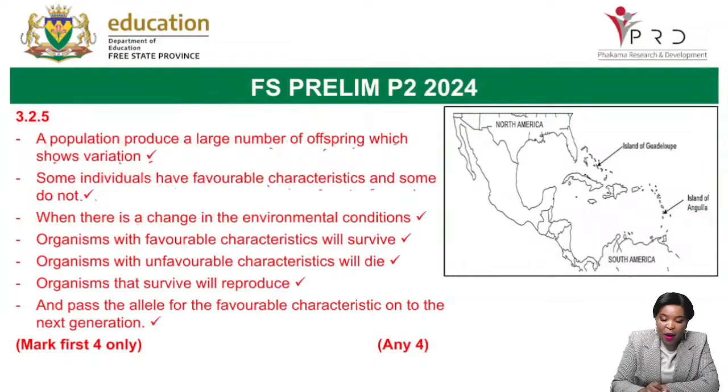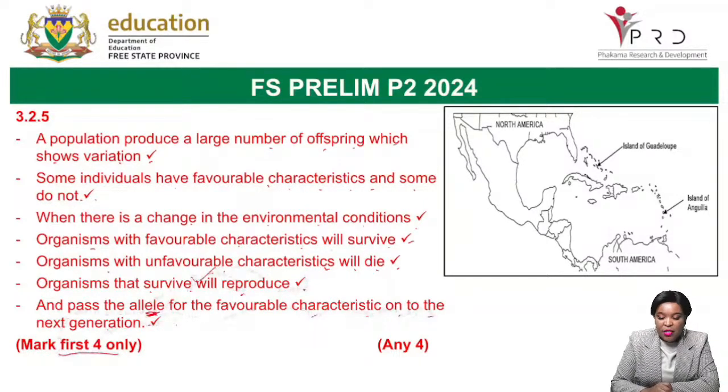Now, when there was a change in the environmental conditions, the organisms with the favorable characteristics will survive, and the organisms with unfavorable characteristics will die. Then organisms that survive will reproduce and pass the allele for the favorable characteristics onto the next generation.